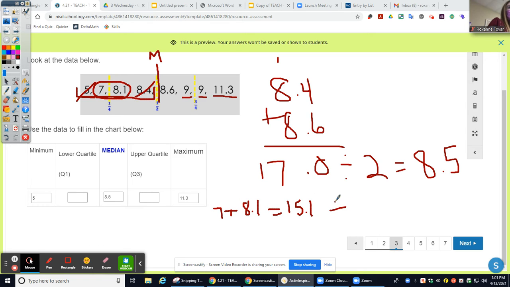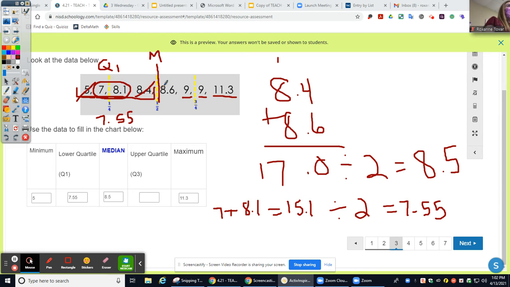And then 15.1 divided by 2 is 7.55. Okay? So here, my quartile 1 would be 7.55. So the numbers aren't always going to be easy to see. You might have to do a little bit of math to get the numbers. So quartile 1 would be 7.55.